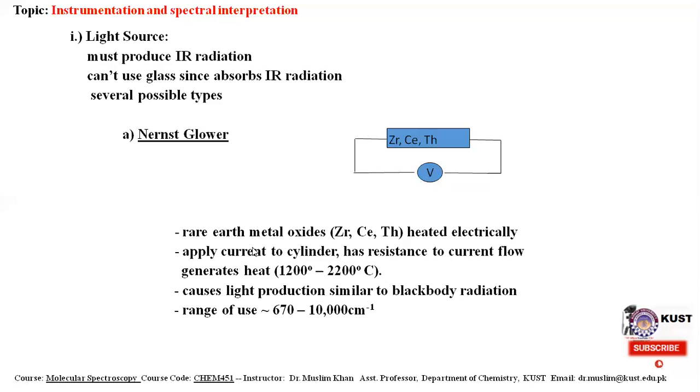The range of use of this IR source is from 600 to 10,000 wave number, centimeter inverse. It needs good current control, or it overheats, because it can be damaged if you don't have current control and heat control over it.